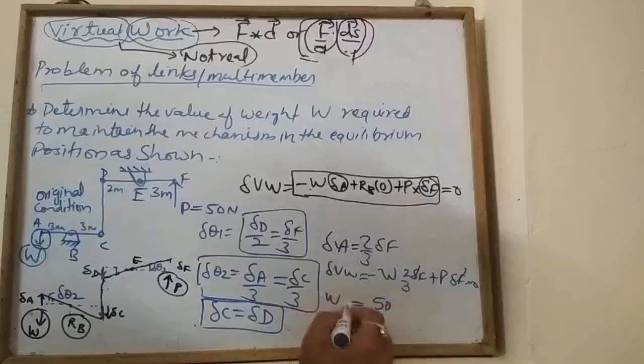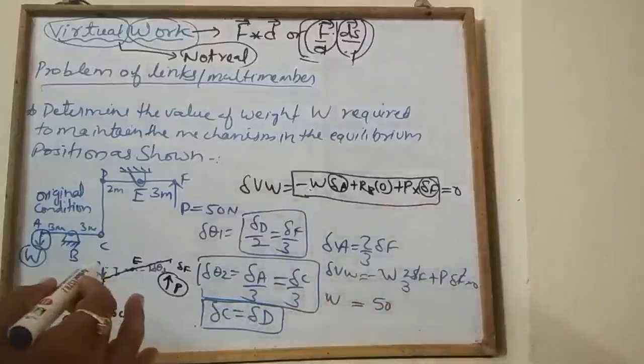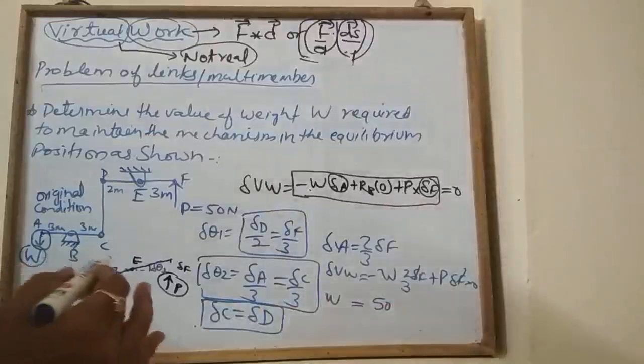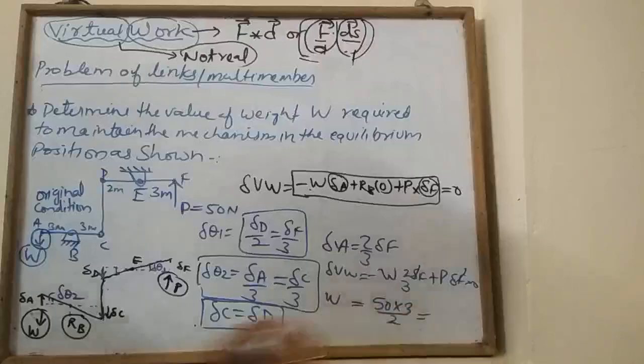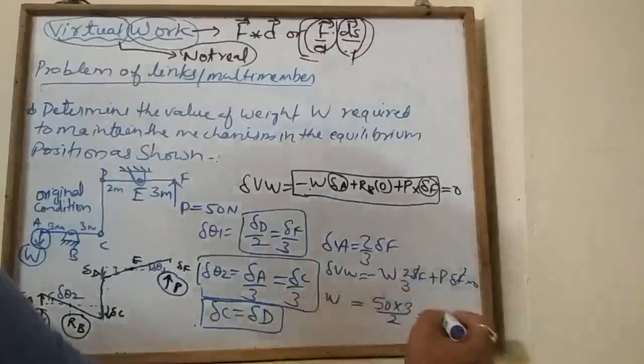So we will have W equals 50 into 3 upon 2, that is 75 Newton.